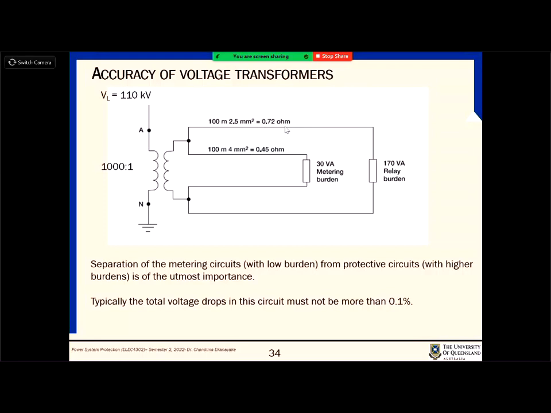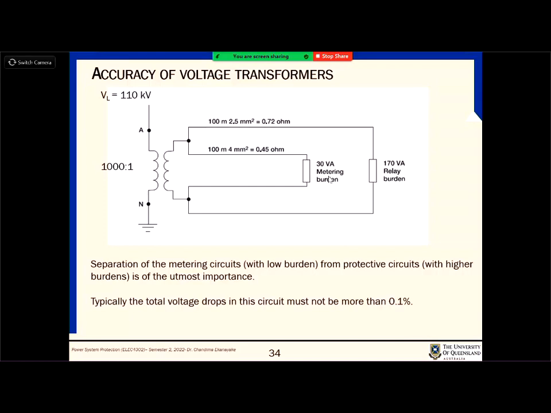So that is why even though the load is higher or lower here, still we used a low resistance wire, right? The reason is that you want to reduce the voltage drop because this is used for metering purposes.